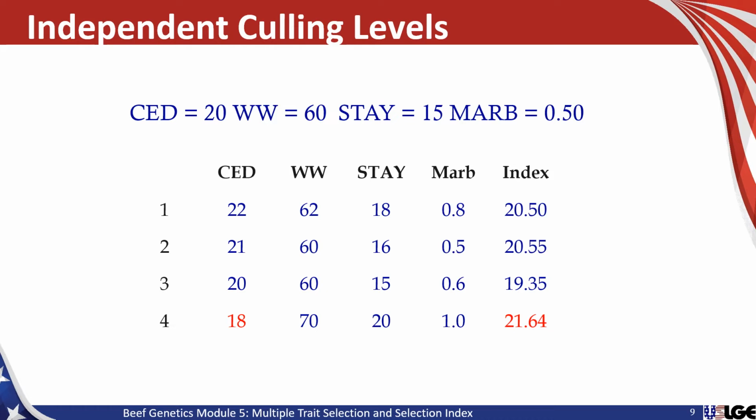So although he barely missed the threshold for one trait, he is still superior, and that's because the index weights the traits based on their relative economic importance and thus allows superiority in some traits to offset perhaps somewhat poorer genetic potential for others.